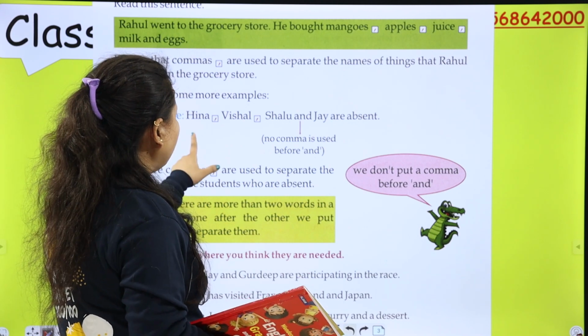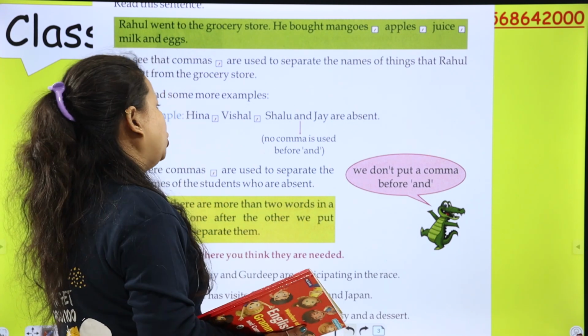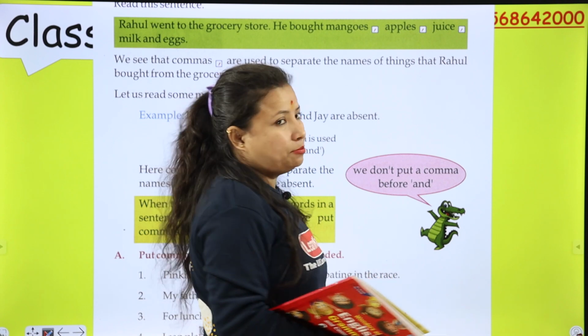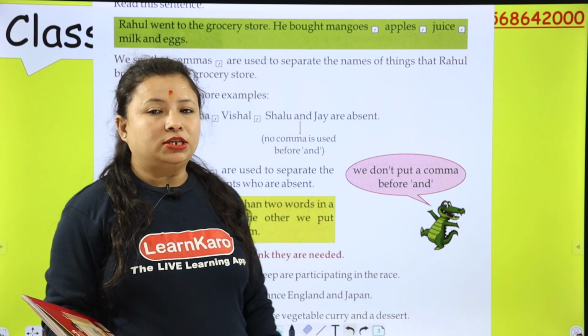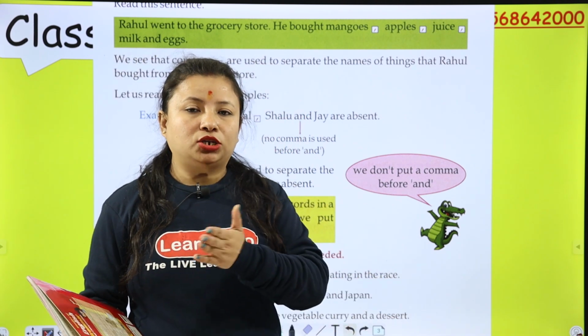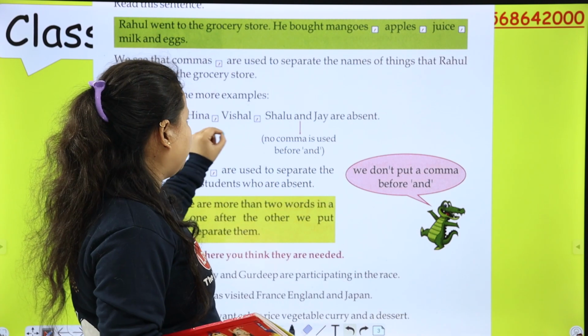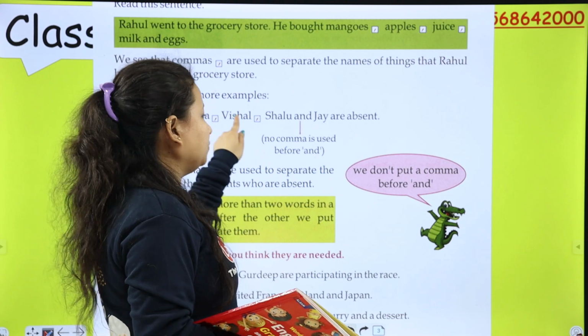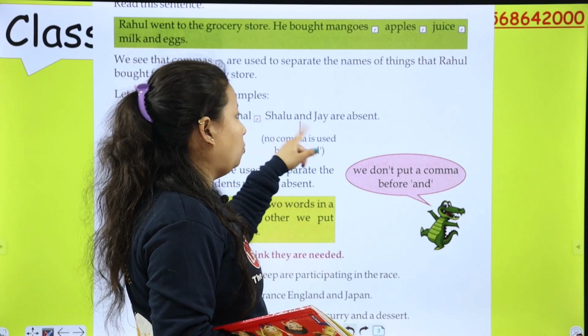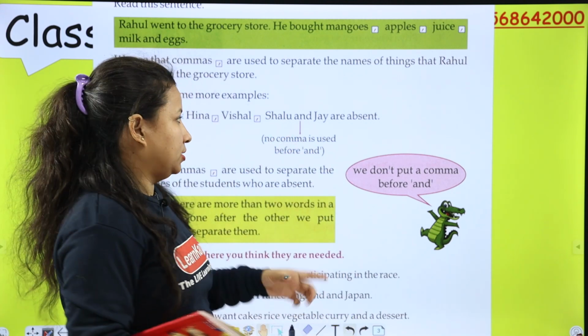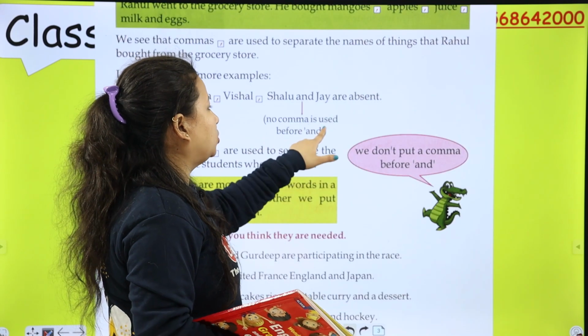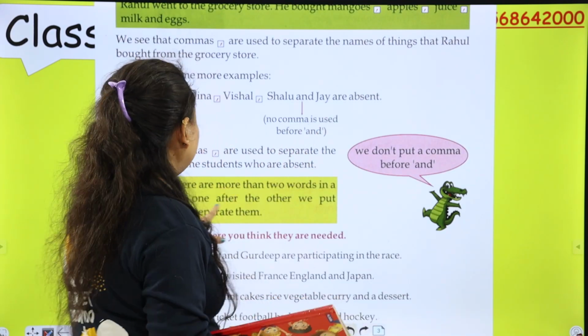Examples: Hina, Vishal, Shalu and Jay are absent. Hina, a slight break, comma, Vishal, Shalu and Jay are absent. No comma is used before and.